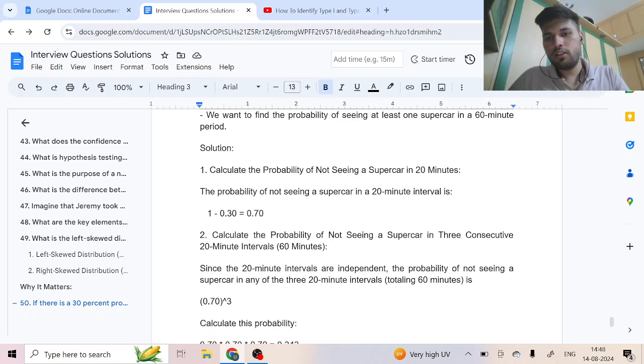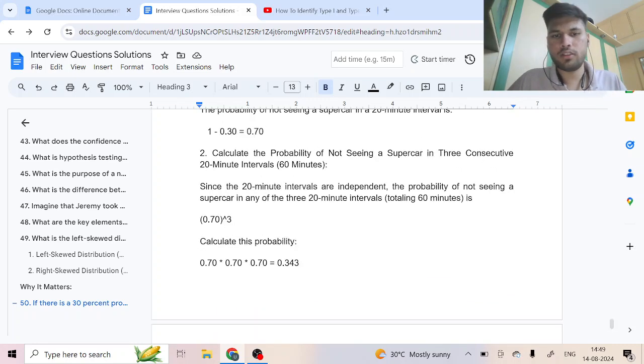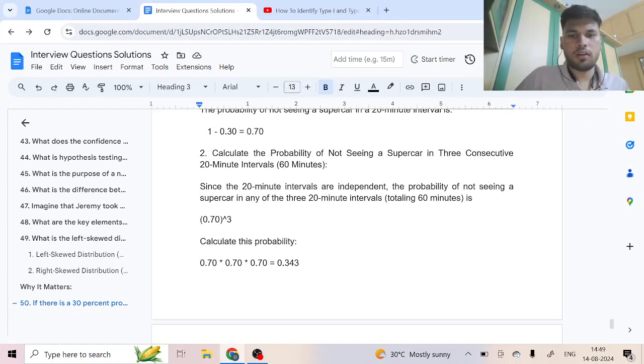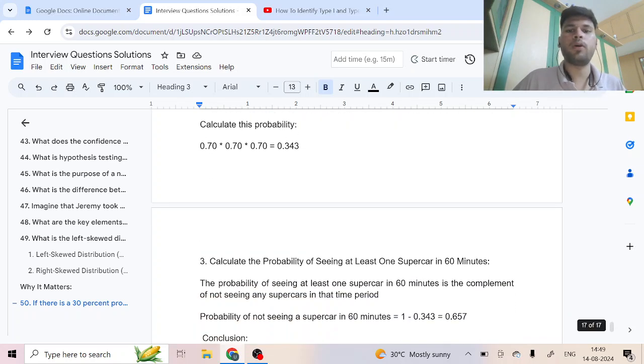How many 20-minute intervals make 60 minutes? 20 times 3. So the probability of not seeing a supercar in 3 consecutive 20-minute intervals is 0.70 times 0.70 times 0.70, that is 0.343.